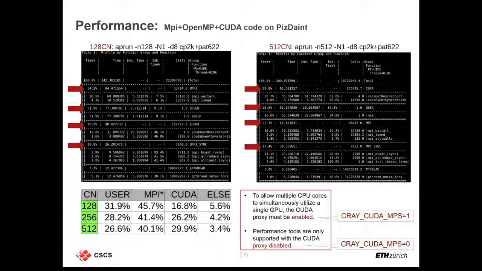Okay, that said, let's have a look at two performance reports. It's typically the same table. So you have a part for the MPI. On 100 nodes, I'm spending almost 35% of the time doing communication, then 32% doing computation, 17% running on the GPU with CUDA, and then I also have synchronization for the MPI part.